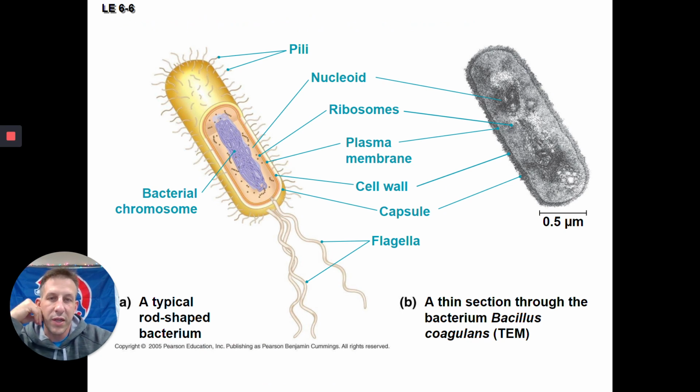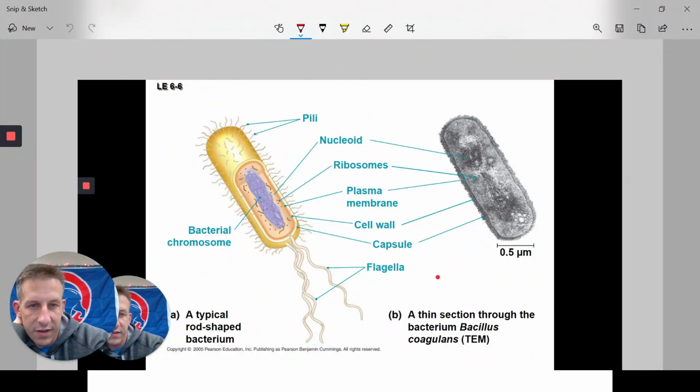This is a picture of a prokaryote, and most of the differences that you can see here come with the outer areas of this bacteria, this prokaryote. Oftentimes, bacteria will have a cell wall, and that's not necessarily something that we've talked about at length yet.